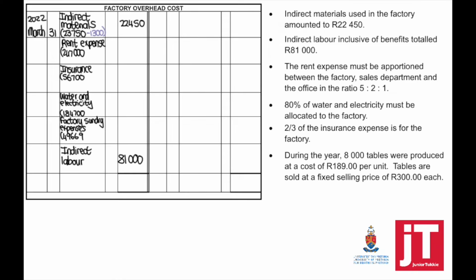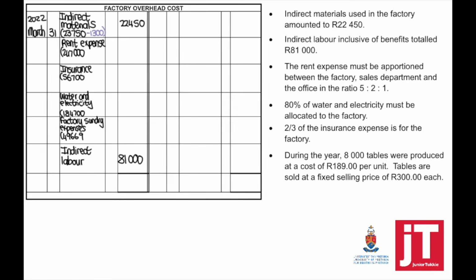The rent expense must be apportioned between the factory, sales department, and the office in the ratio of 5 to 2 to 1. I don't care about the cost that goes to the sales department and the office department. I care about what forms part of my factory overhead cost.